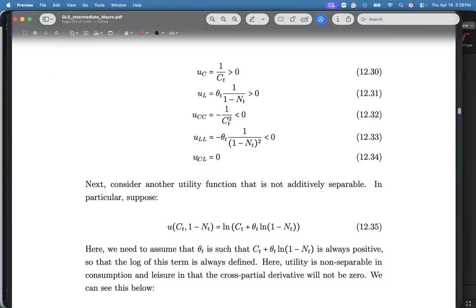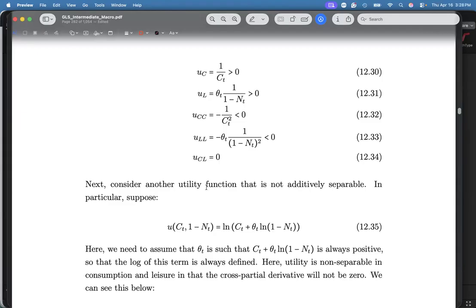That means that consumption does not really affect the marginal utility for labor, or for leisure, I should say. See, nakakalito nga. Consumption does not affect the marginal utility for leisure, and similarly, leisure does not affect your marginal utility for consumption. So that's called additively separable utility.